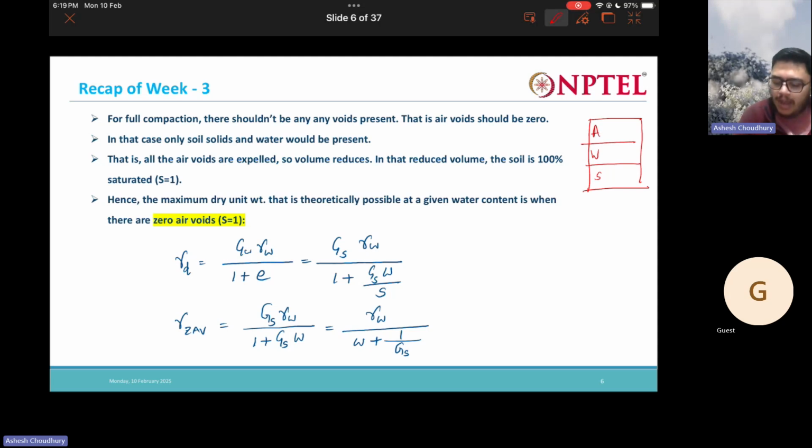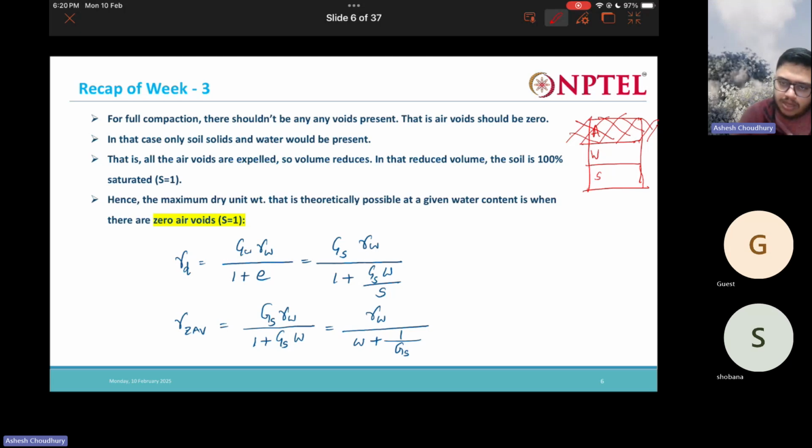right? So by compaction, what you have done, you have eliminated this part. As you have eliminated the air, all the air voids are expelled, so the volume reduces. Say the initial volume was this much, V1.